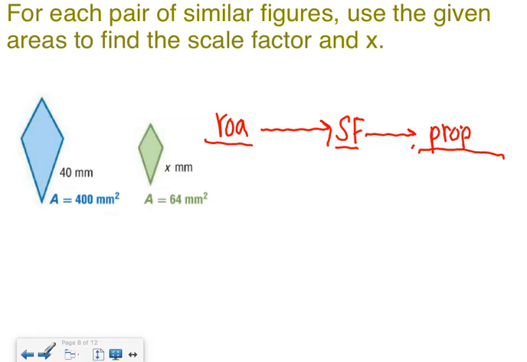So if I get like 20 over 8 like that, I can reduce that even more. So I could do 5 over 2. You want to reduce this, so I write 64 over 400. And then the square root of that. You can reduce by 4.